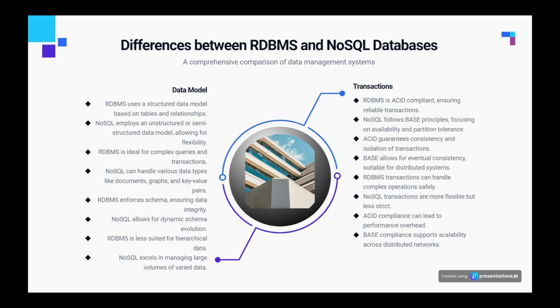Then RDBMS is ideal for complex queries and transactions, and NoSQL can handle various data types like document, graph, and key value pairs. Then RDBMS enforces schema ensuring data integrity, and NoSQL allows for dynamic schema evaluation. RDBMS is less suited for hierarchical data, whereas NoSQL excels in managing large volumes of varied data.